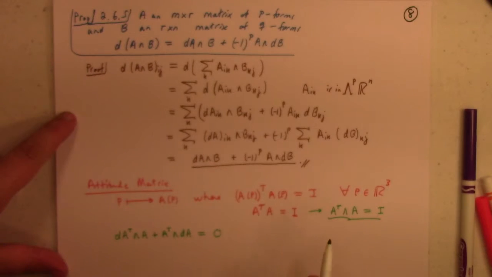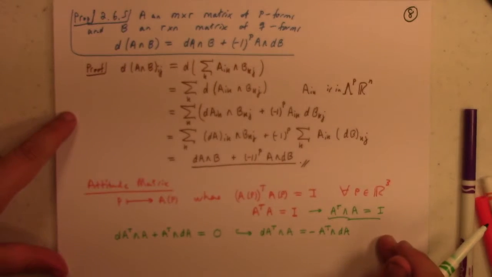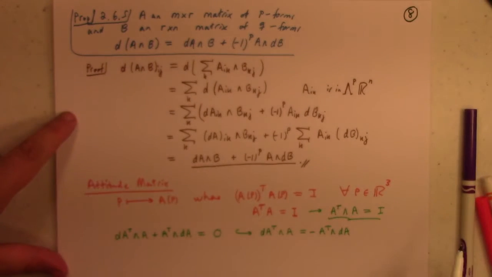Well, that's interesting. So that tells me then what? That tells me that dA transpose wedge A is equal to minus A transpose wedge dA, right? But what else does that tell me?